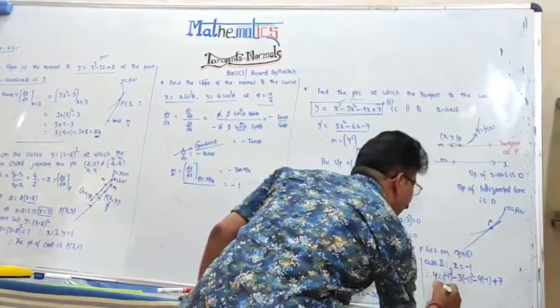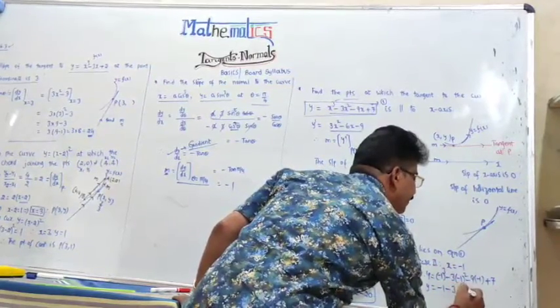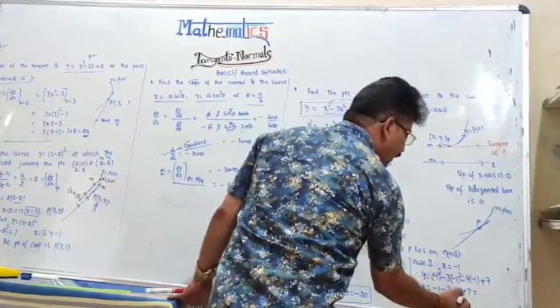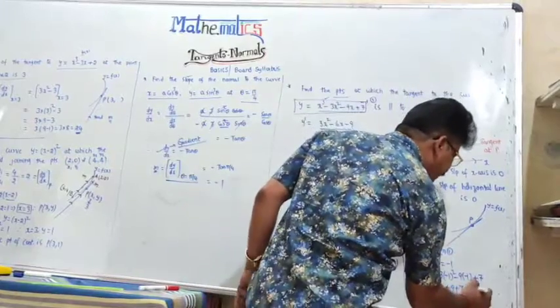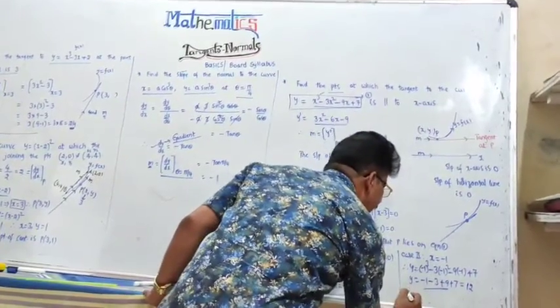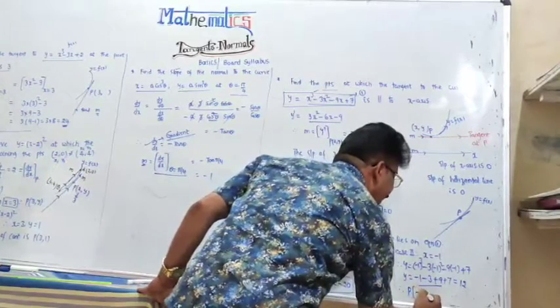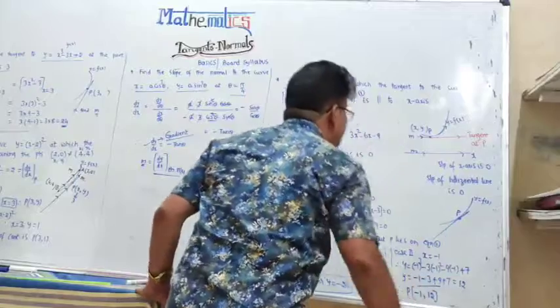So therefore y equal to minus 1 minus 3 plus 9 plus 7. So 9 minus 4, 5. 5 plus 7, 12. So therefore capital P is x equal to minus 1 comma y value 12. Understand?